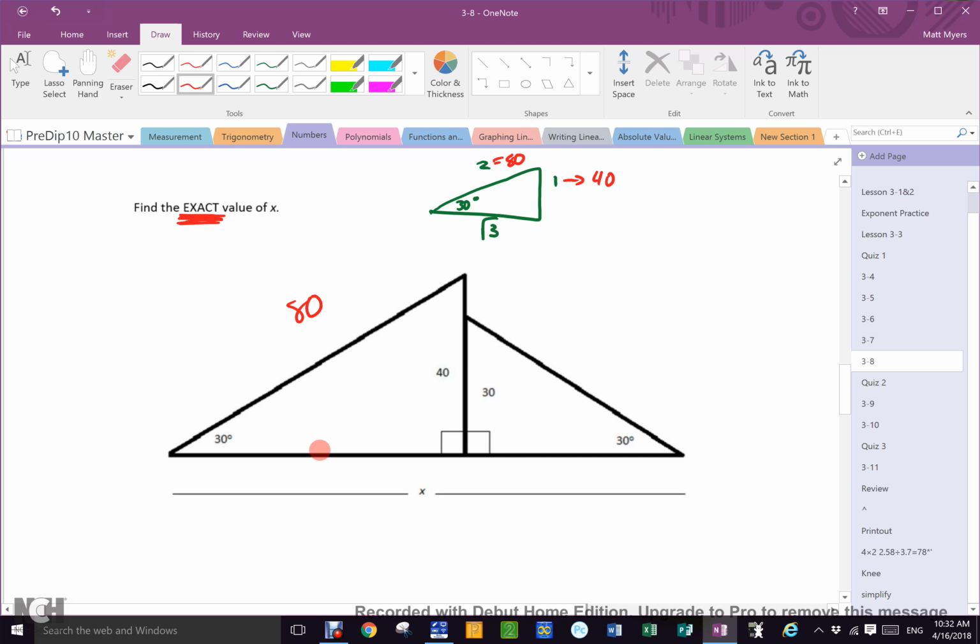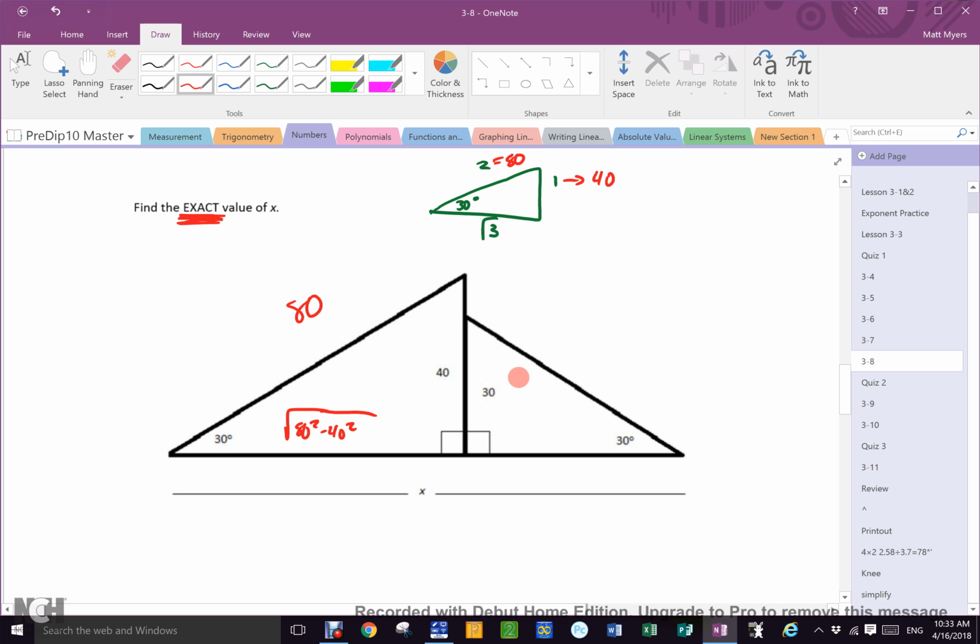And what's this? That's the square root of what? 80 squared minus 40 squared, right? Because you know the hypotenuse, right? That's the square root of 80 squared minus 40 squared, yeah? And we could simplify that, couldn't we? What's this guy over here?